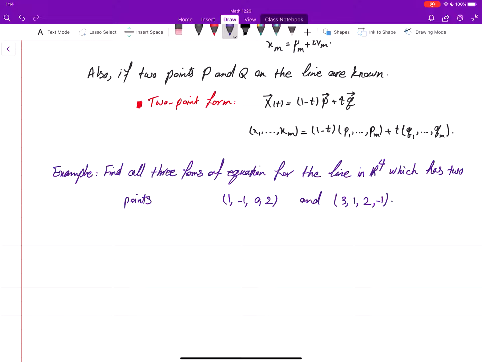Well, okay, this is nice. 2 points are given. Let's call this one P and this one Q.